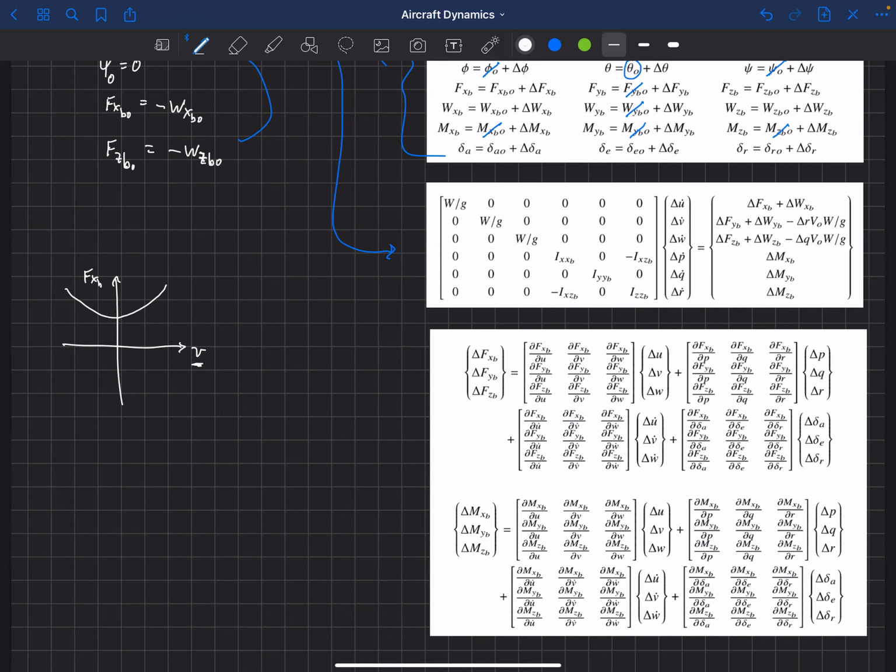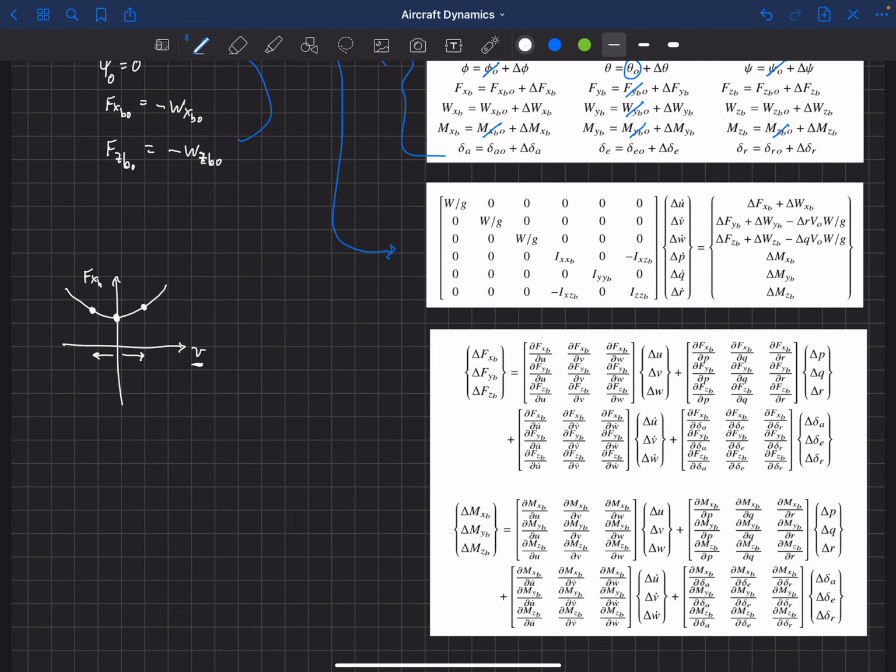If you have a positive beta, so for example, first of all, we've got some nominal force here when beta is equal to 0, right, in the x direction. And then if we increase beta a little bit, then we'll get some change in the force due to that change in beta. But if the aircraft is perfectly symmetric, then changing it to negative beta will actually create that same change in force, okay, in the x direction.